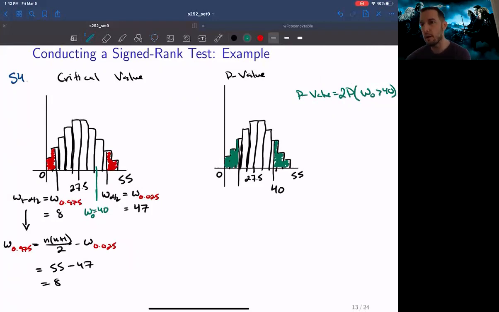But say that you wanted to do a lower tail test in this situation. So you only wanted the lower tail side. In order to do that, you would have to find the upper tail value.